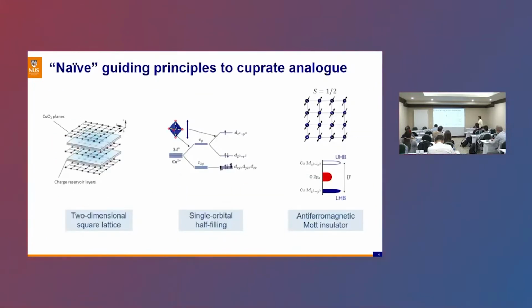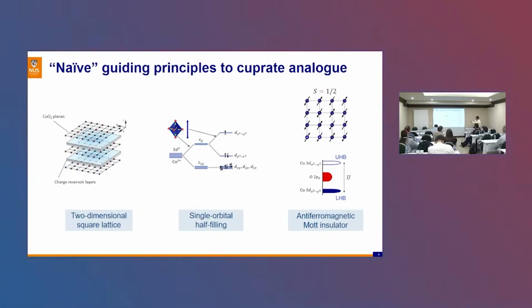As a guiding principle, naively, we can think about this square lattice of the cuprate as a starting point. Then we have this two-dimensional nature with a single orbital, half filling, and of course the antiferromagnetic ground state.